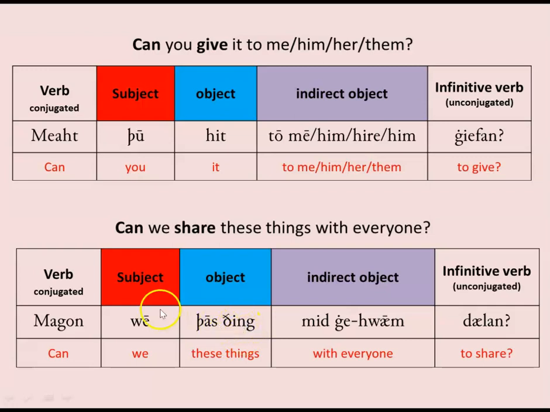But it could be this thing, this thing with everyone. So you just got to take the context. It can be a little bit hard, that one. But anyway, thas can be both singular and plural. Thing can be also singular or plural. So you've got to use the overall sentence as context. Mid gehwam, with everyone. Dalen, to share.